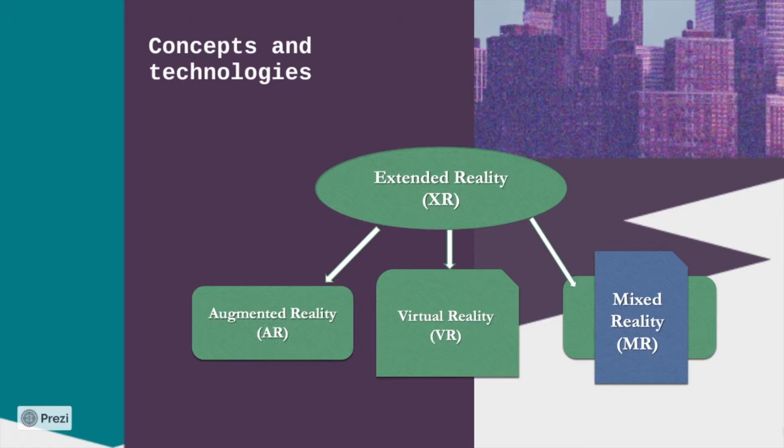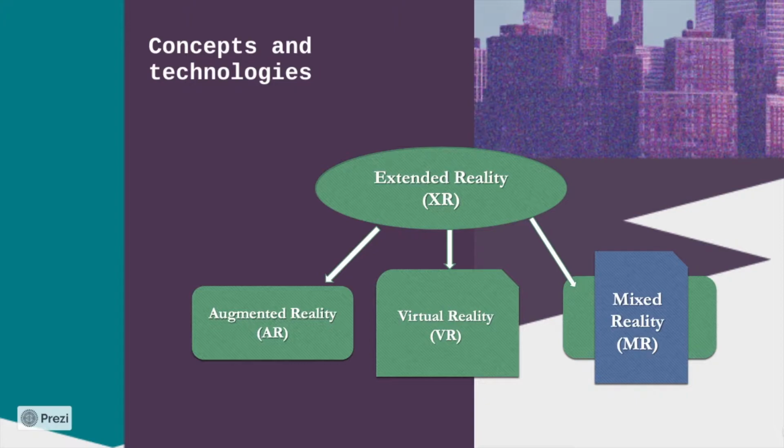AR adds digital objects to a live view by using the camera on a smartphone. VR is a digital, computer-generated 3D environment that allows the user to step inside the virtual world. Mixed reality combines elements of both AR and VR, where real-world and digital objects interact. Mixed reality technology is starting to take off with Microsoft's HoloLens.